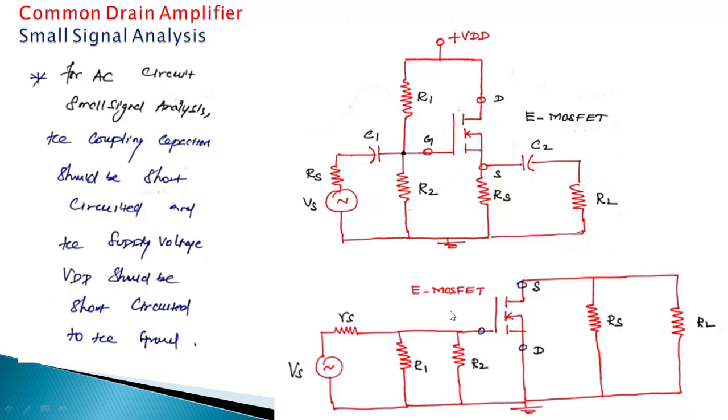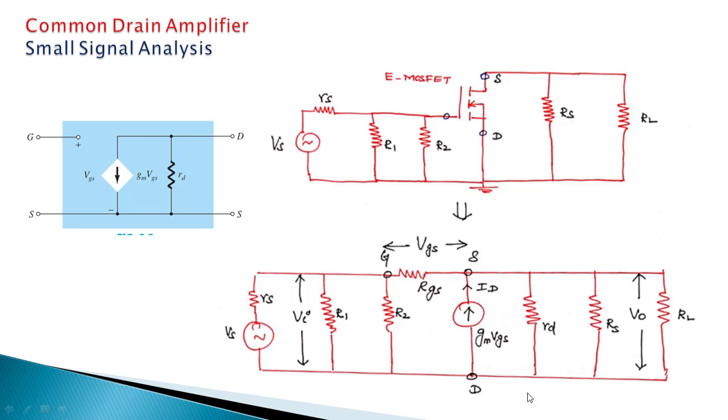So this is the AC equivalent of the E MOSFET potential divider bias or common drain amplifier with potential divider bias. We are going to convert the circuit using this small signal model, which was discussed in the previous class.